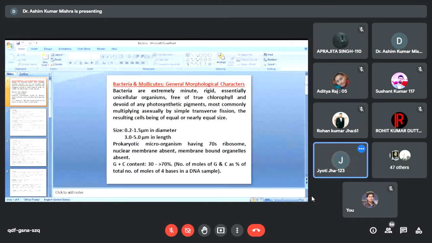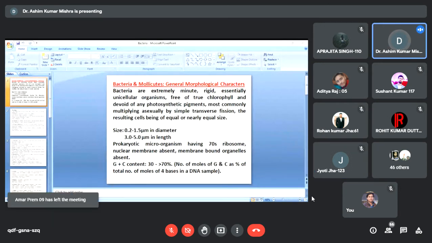You can see the bacteria are extremely minute, meaning you can't see them with naked eyes. They are free of true chlorophyll and devoid of any photosynthetic pigment. That means these bacteria cannot produce their food themselves.